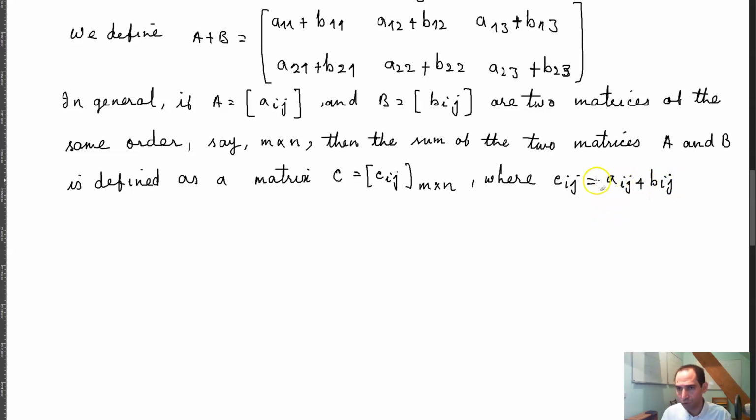These are corresponding elements of the two matrices. And that gives the corresponding element in the matrix C for all possible values of i and j.